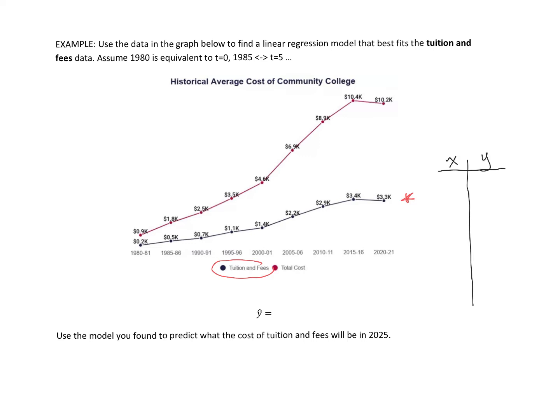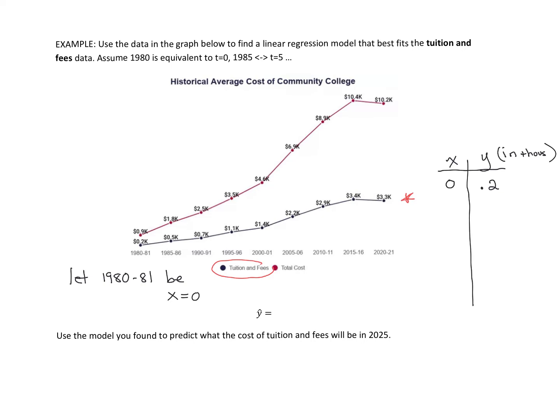So let's let 1980 to 81 be x equals 0. So at 0, we would have 0.2, and let's say up here, in thousands.